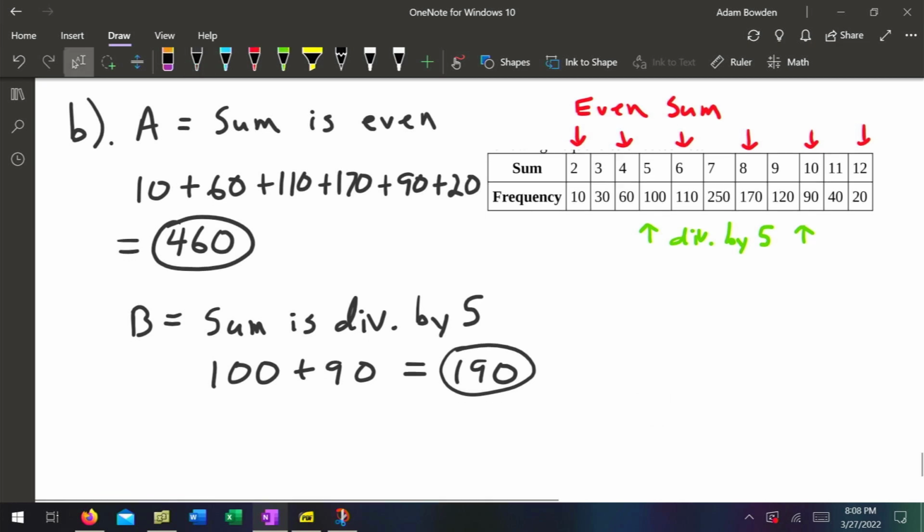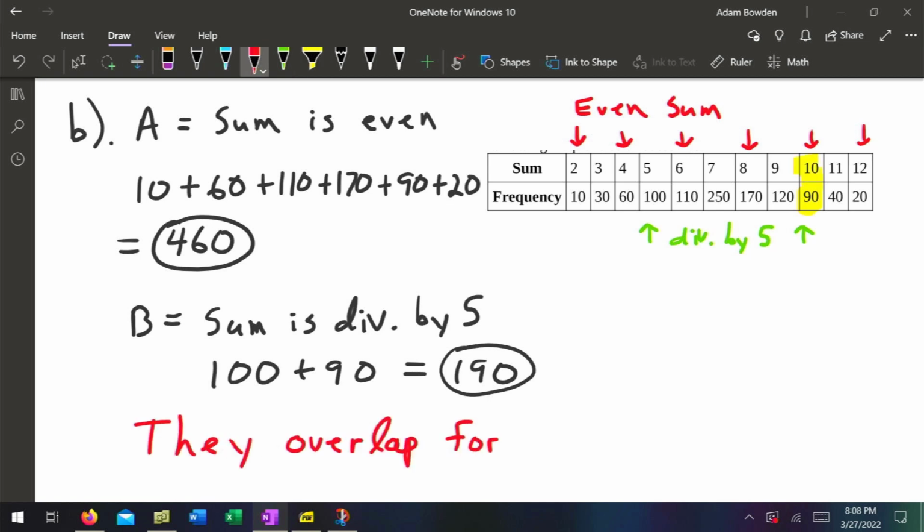But here's one thing to keep in mind. There is some overlap between these two. The overlap happens where it's both even and divisible by 5. So they overlap for the sum of the dice being equal to 10. And there are 90 times where that happened.